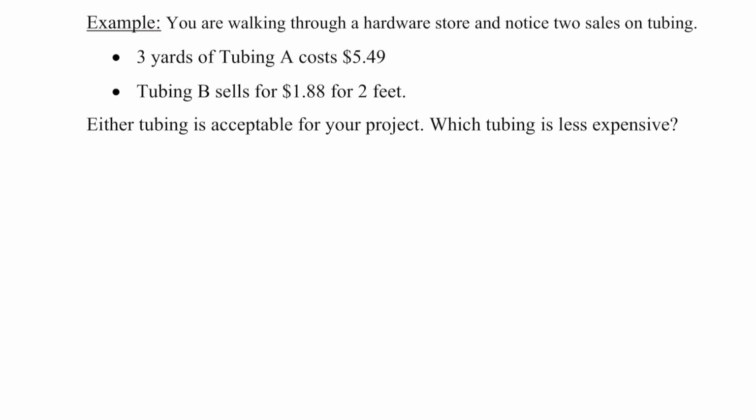Next example, you are walking through a hardware store and notice 2 sales on tubing. The first one, 3 yards of tubing A costs $5.49. The second one, tubing B sells for $1.88 for 2 feet. Either tubing is acceptable for your project. Which tubing is less expensive?